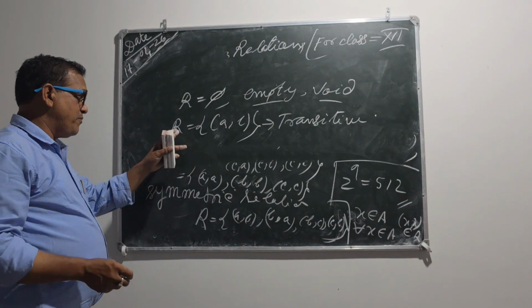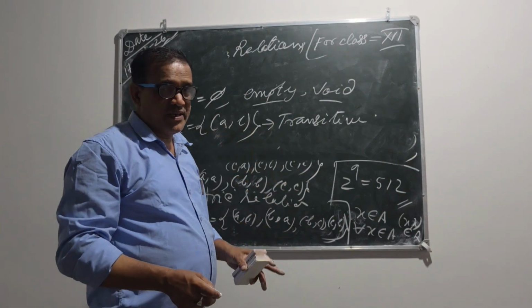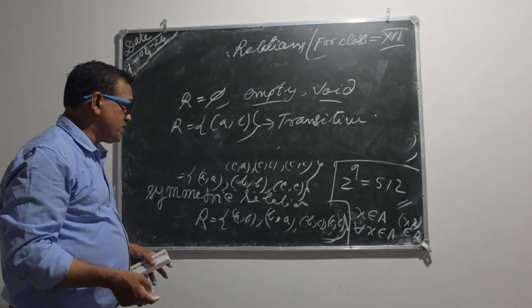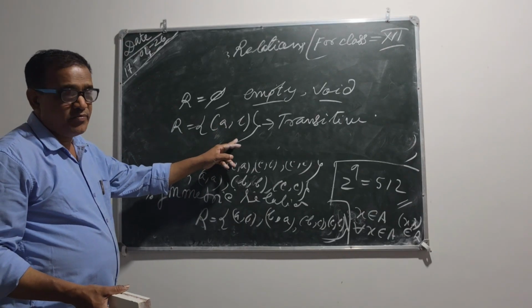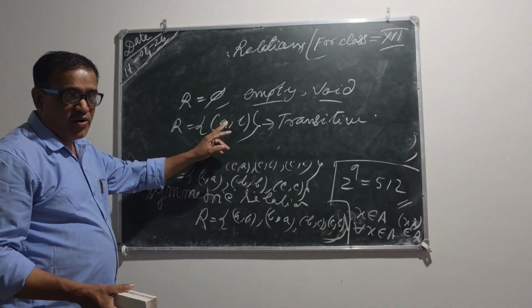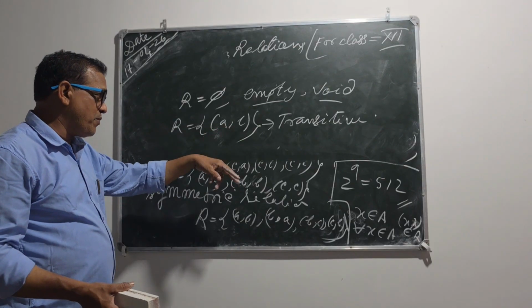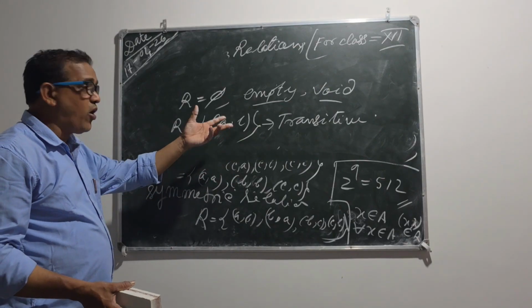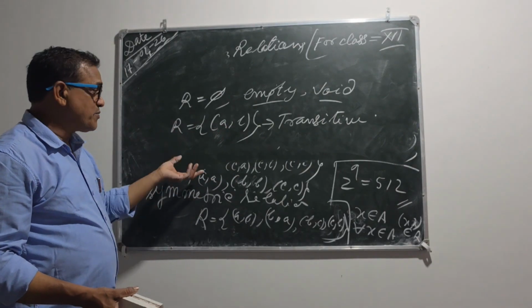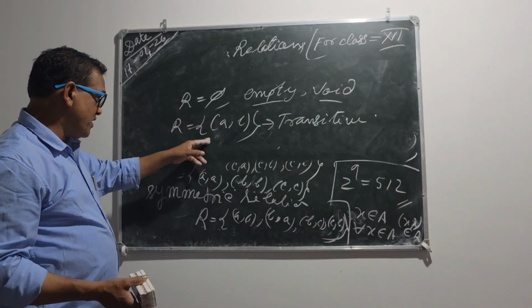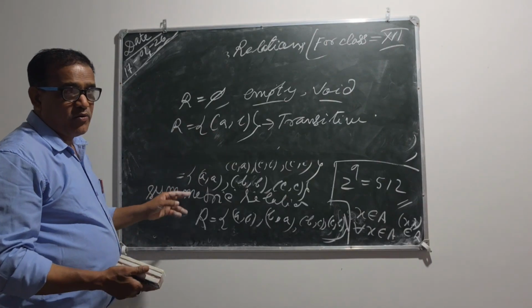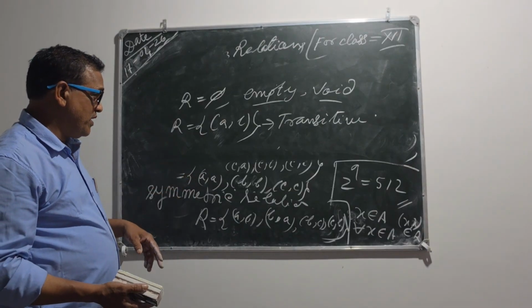So we should remember it. Any single ordered relation is transitive because there is no other ordered pair to compare. There is no other pair with which we can compare to satisfy the condition of transitivity. So any single ordered pair we can say is a transitive relation.